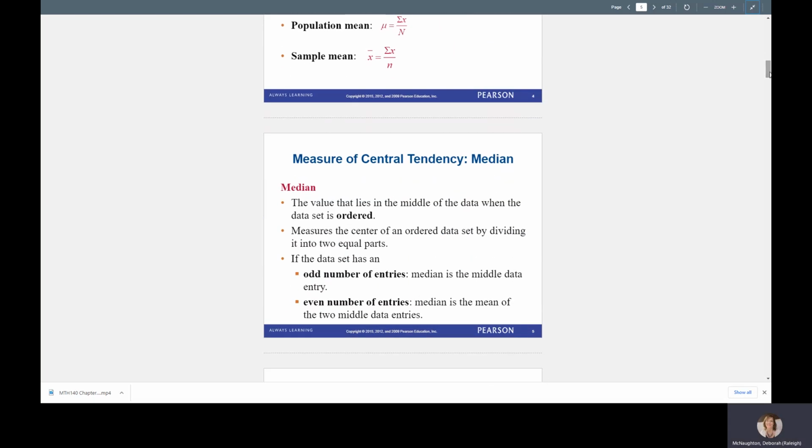The median is the value that lies smack in the middle of the data when the data is ordered. To calculate the median, we always first have to order our data, and then we look for the number in the middle. Now, a cool thing, since I have you use Excel for this class, Excel will calculate the mean and the median for you without you ordering the data or doing a sum or anything.